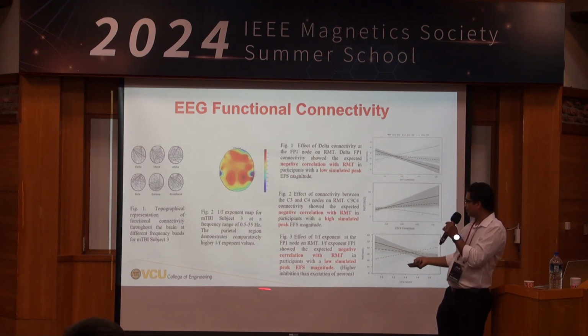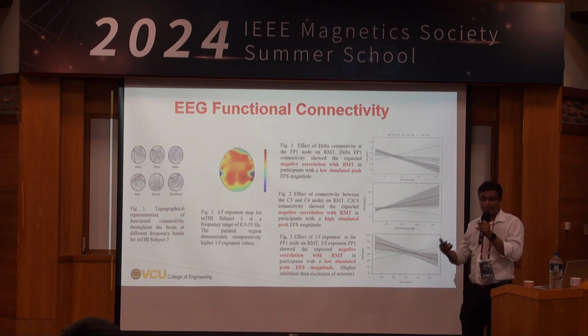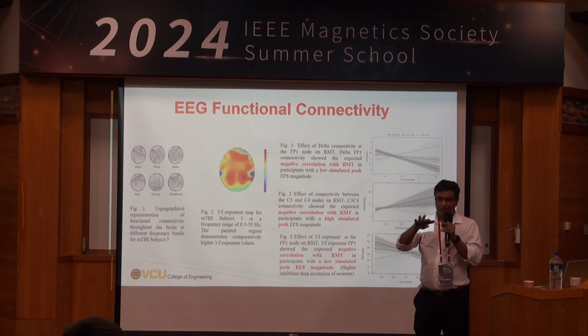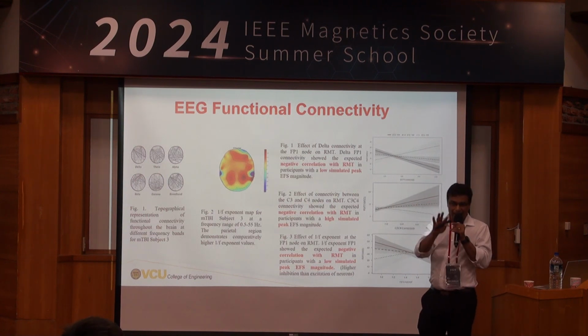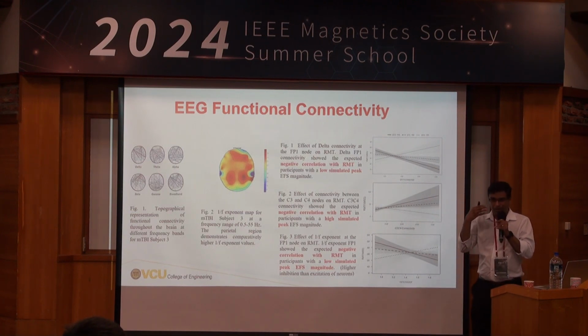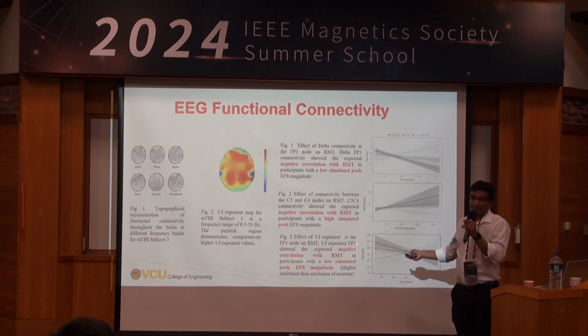This is our Harvard collaborator who wanted to look at this parameter. Apparently that tells about how much you can inhibit the prefrontal cortex. So this is another parameter that is of importance. We looked at all these functional connectivities.